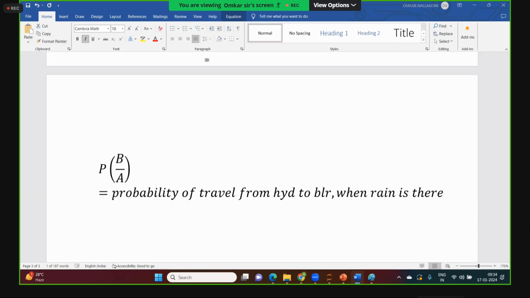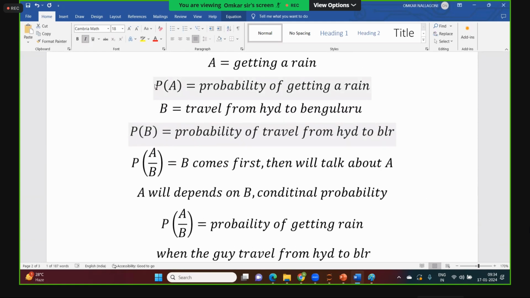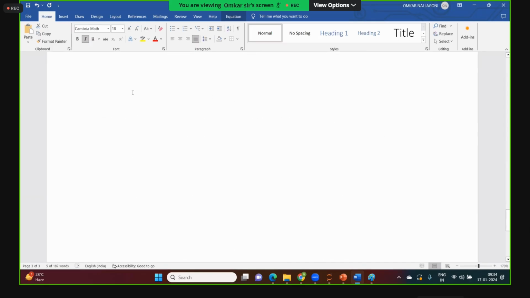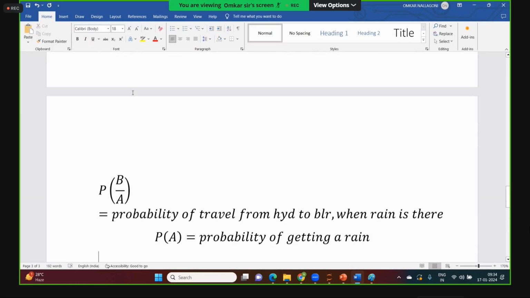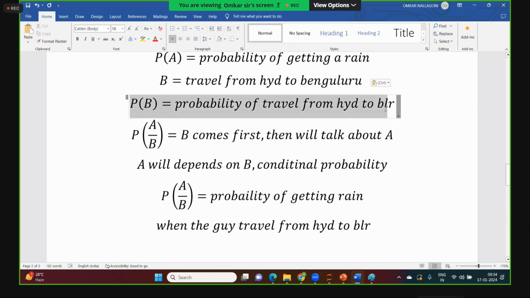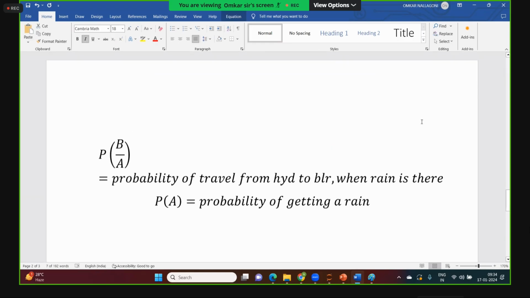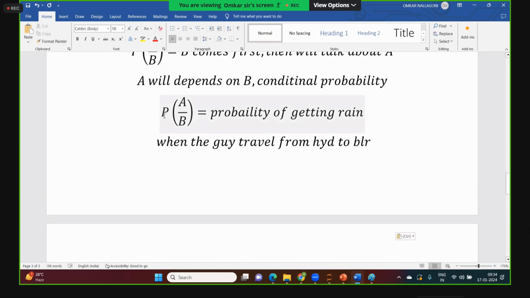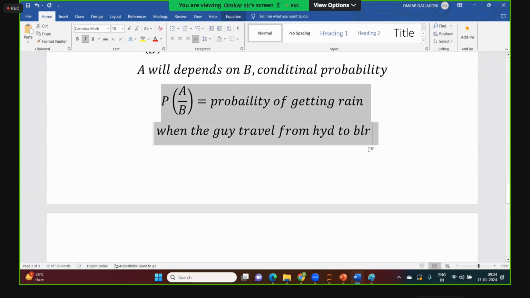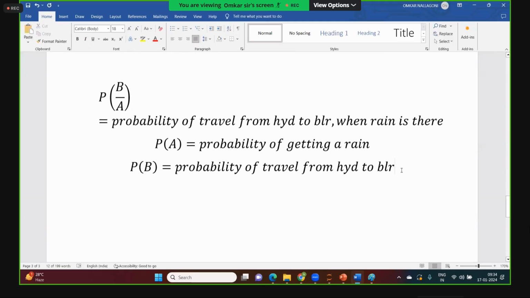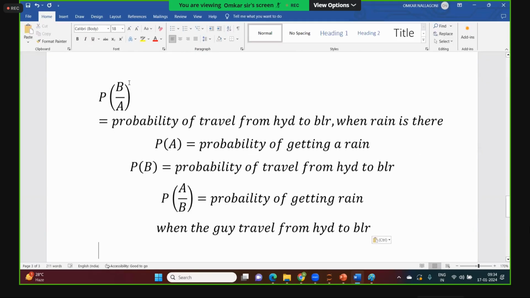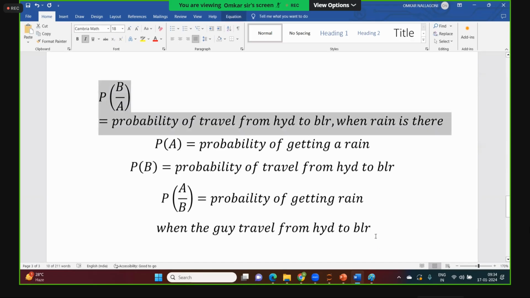There are four now. P of A is one, and P of B is another one. And next, P of A by B is another one, and P of B by A is another one.